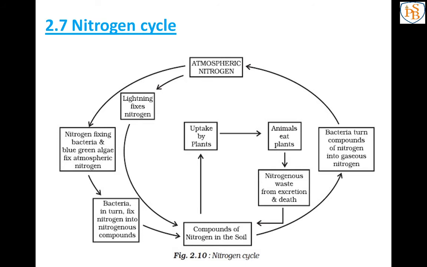So this atmospheric nitrogen is fixed by lightning or nitrogen fixers, means the bacteria. When the nitrogen fixers are there, atmospheric nitrogen is first taken by these fixers, and then these bacteria convert the nitrogen into nitrogenous compound.